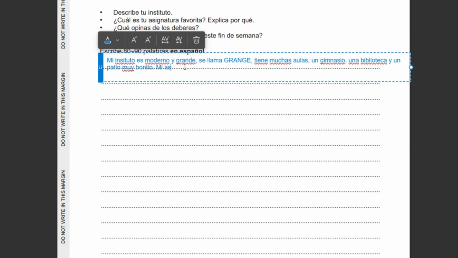Bueno, mi asignatura favorita es el español, porque me gusta leer libros y escribir historias.